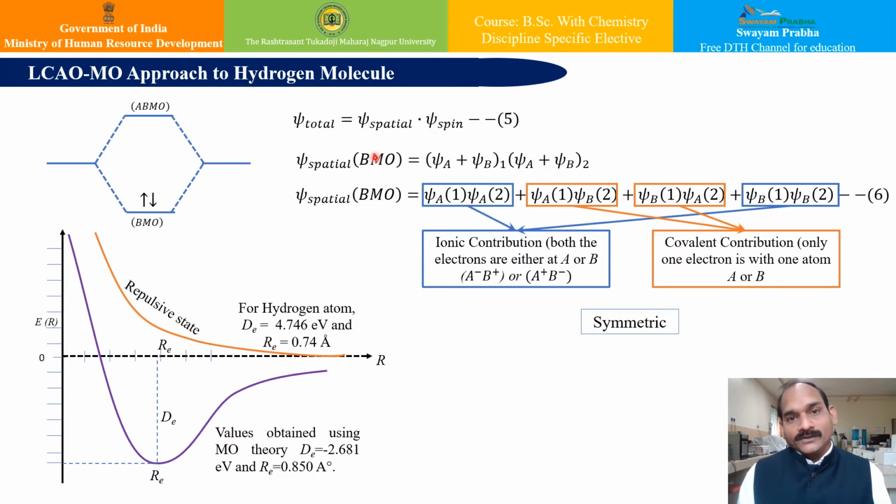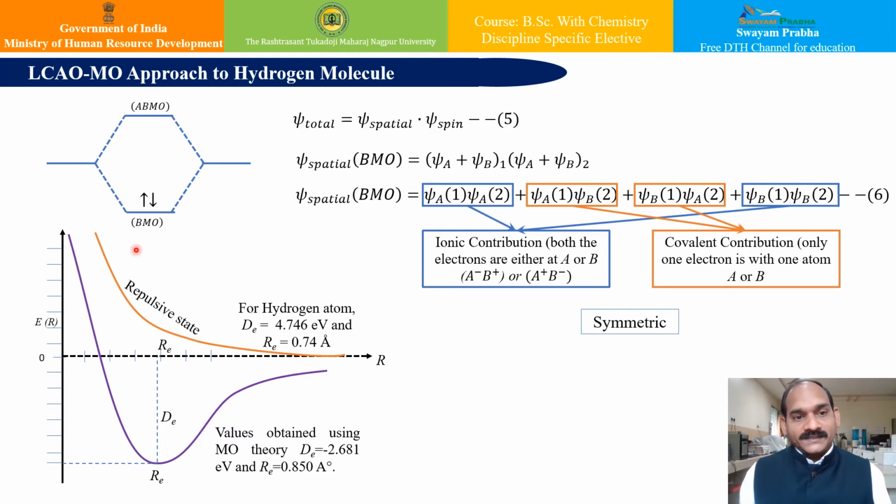In hydrogen molecules, the two electrons will always occupy the lowest bonding molecular orbital, which for convenience we call psi plus, the bonding molecular orbital, and we will call this psi minus, the anti-bonding molecular orbital.